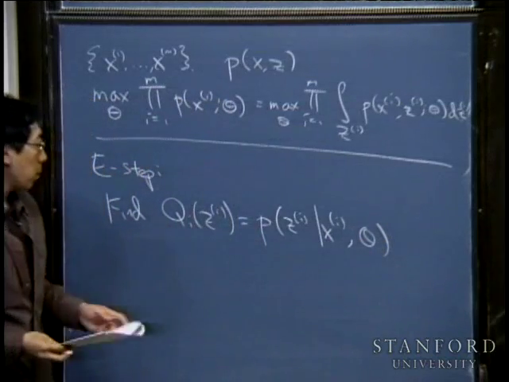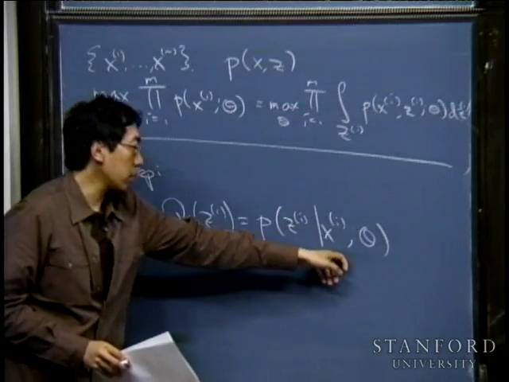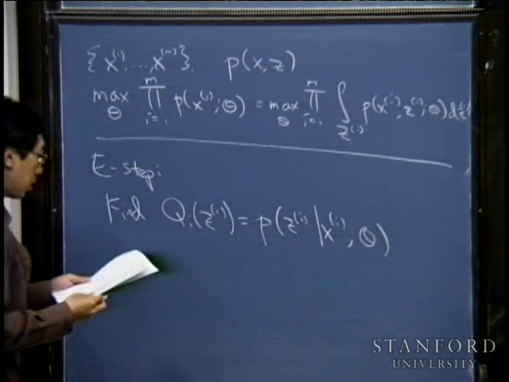Right. In the E step, we compute the conditional distribution of Zi given Xi and our current setting of the parameters.